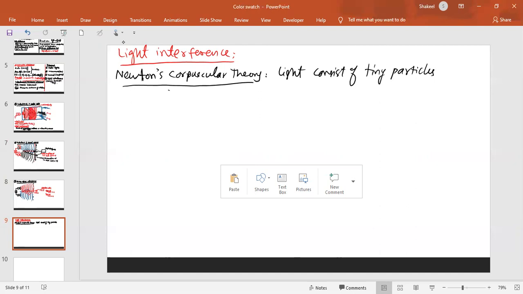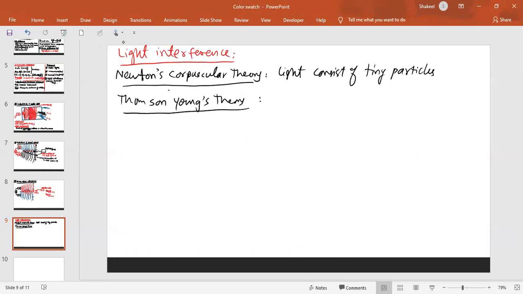Thomas Young was the one who did a famous experiment to finally prove that light has a wave nature. Young's theory was that light has wave nature, and he demonstrated this with his famous double slit interference experiment.